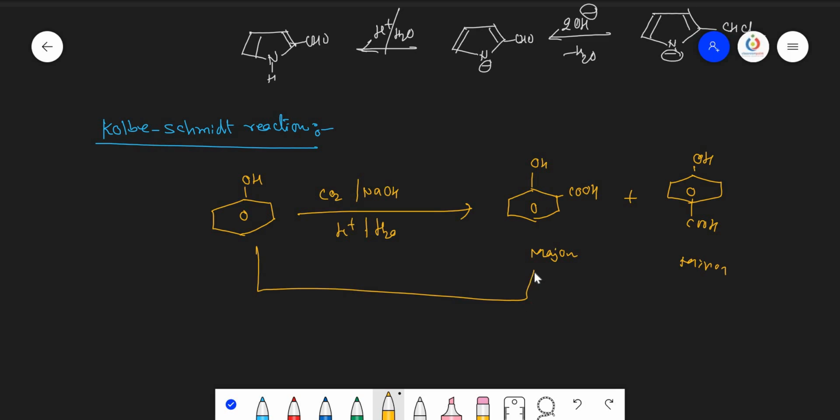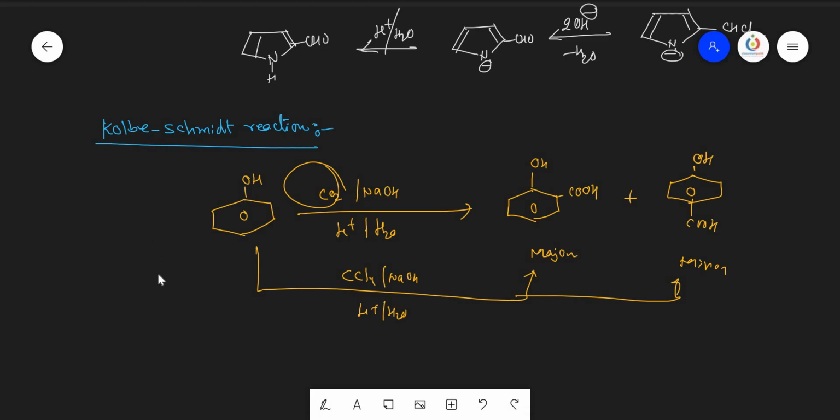And the same compounds we get by using what other reagent? Instead of CO2, use CCl4, NaOH, H plus, H2O. We had already named that reaction here. That is the Riemer-Tiemann carboxylation reaction.